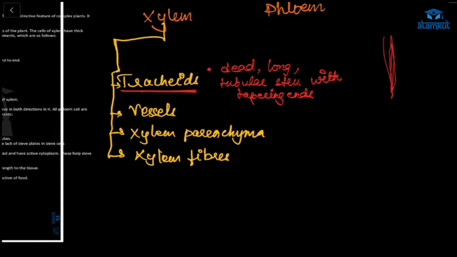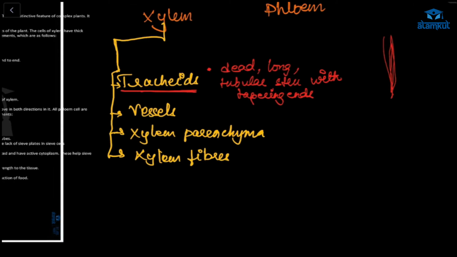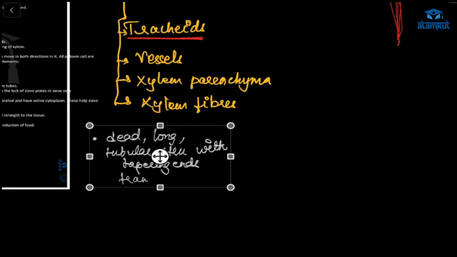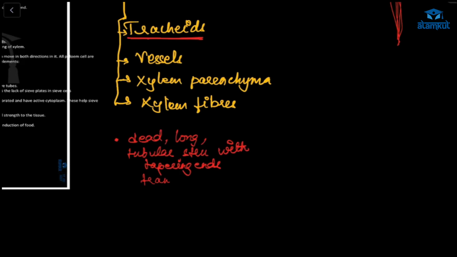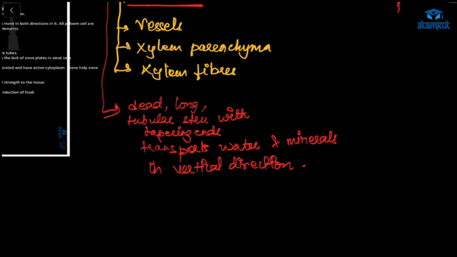So tracheids, what do they do? They transport water and minerals in the vertical direction. Got it? Everyone understood? Yes, ma'am.